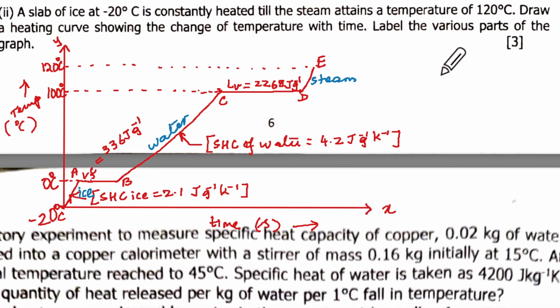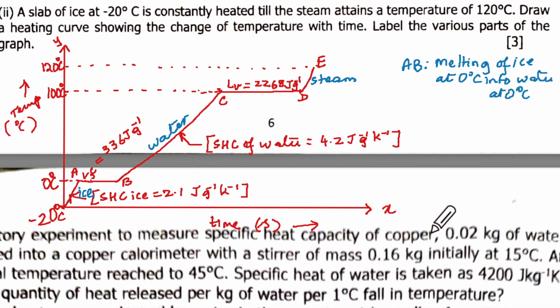Then below this or adjacent to this, AB is going to represent melting of ice at 0 degrees C into water at 0 degrees C, of given mass.